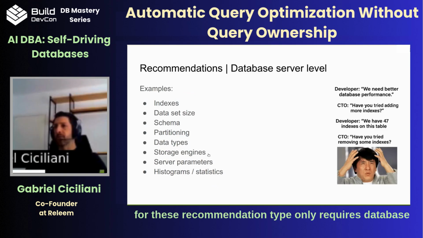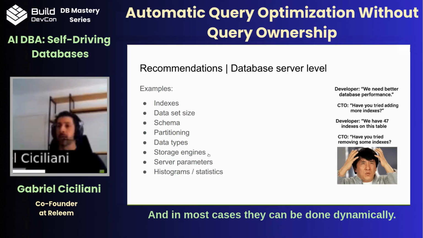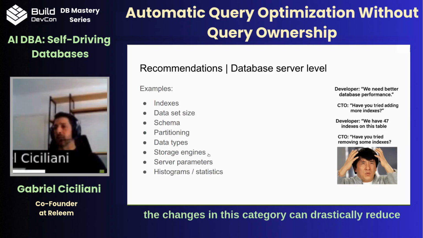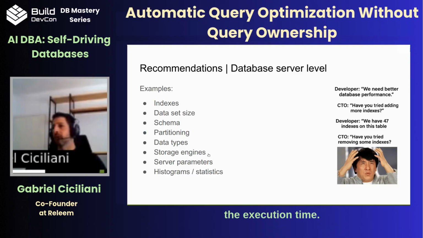Changes for this recommendation type only require database server access, and in most cases they can be done dynamically, which is a good thing. Transparent for your apps. That's what you want. That's what your users would want. And in many cases, the changes in this category can drastically reduce the execution time.